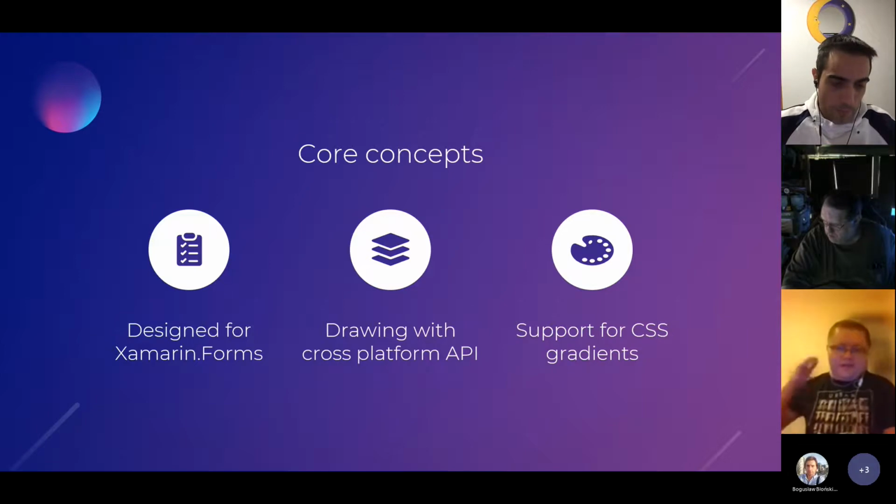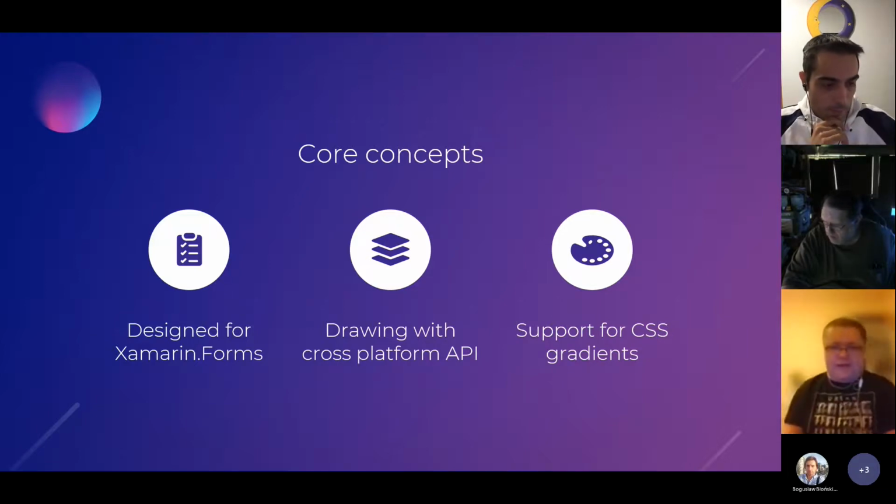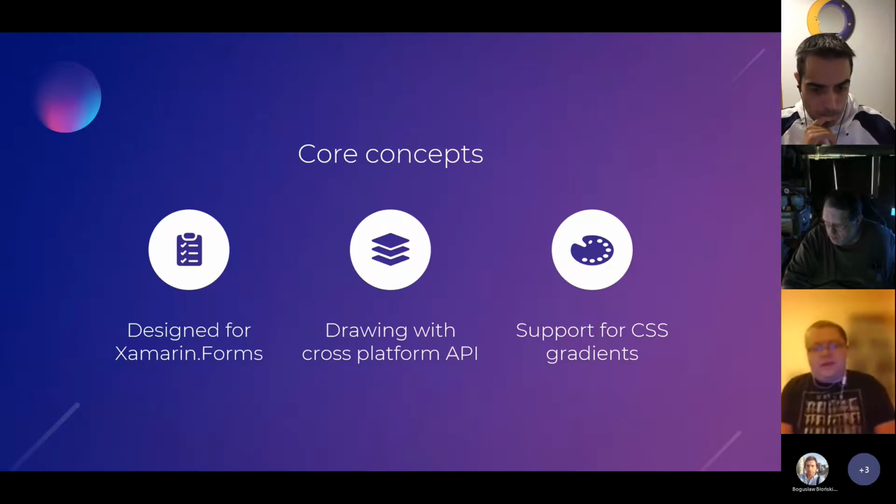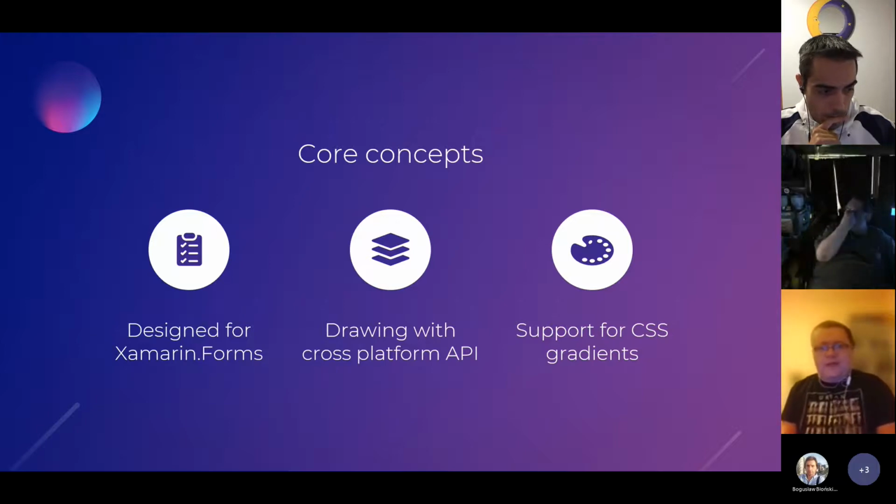And the second thing, which is also very important, we have high support for CSS gradients, because CSS itself provides a great and flexible API for drawing complex gradients. And what we want to achieve is to be able to take those CSS gradients and just use them in Xamarin.Forms apps.